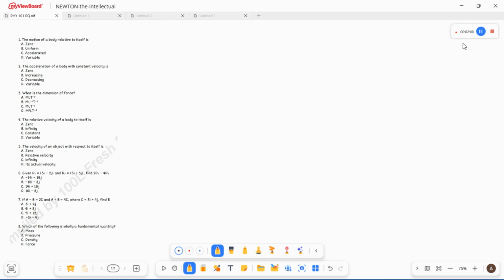Question two says the acceleration of a body with constant velocity is. One thing I would like you to understand is that acceleration, a, is equal to the change in velocity over time. So if there is no change in velocity with respect to time, then there cannot be acceleration.